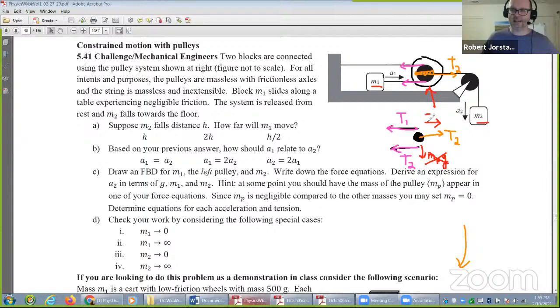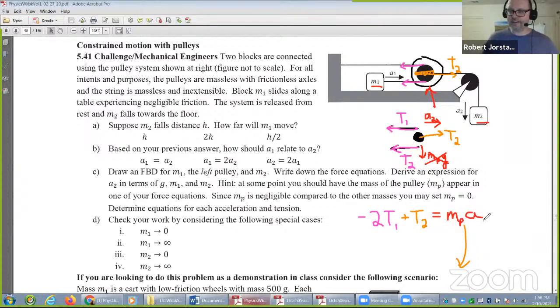Yeah, it's A2 because it's attached to string A2. So you could write the force equations for this, and we would get negative 2T1 plus T2 equals the mass of the pulley times A2.